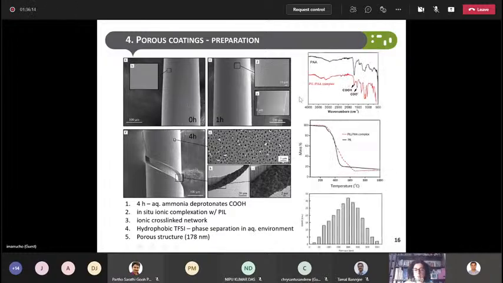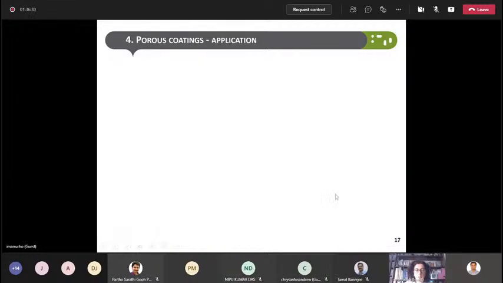Here are examples of the polyacrylic acid complexed with the polymer. And here are the porosity measurements, with the size of the pores around 200 nanometers.